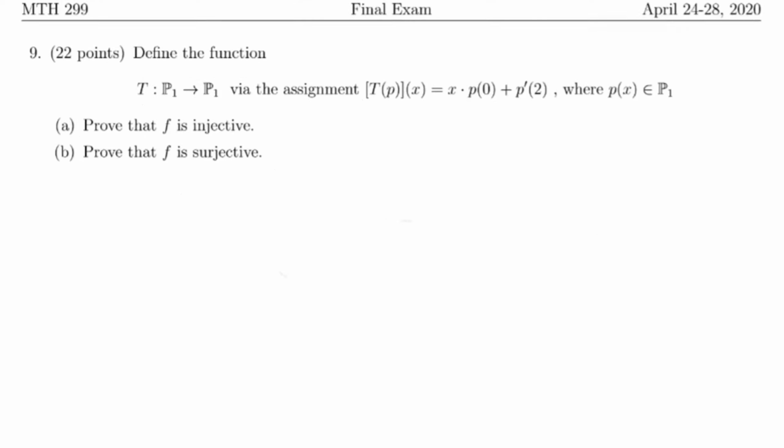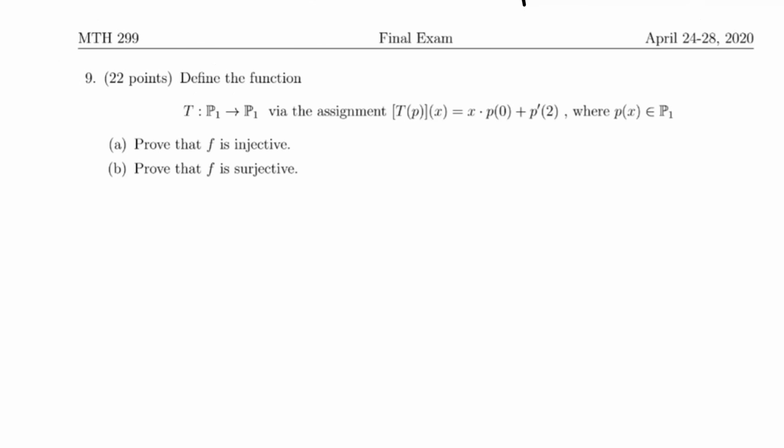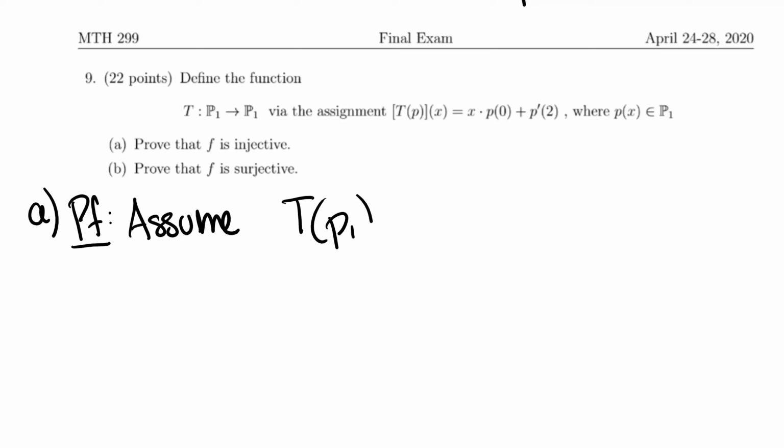Okay, define the function T via that assignment. Prove that it is injective. Challenge accepted. So remember, injective is an if-then statement for all things. So assume T of P1 equals T of P2.